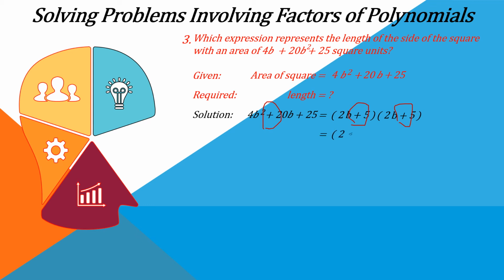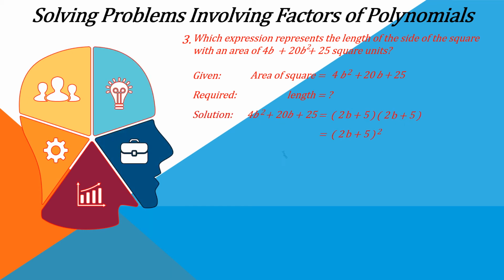And the length is simply equal to 2b plus 5. If we are going to find the area of that square, it is simply 2b plus 5 squared. The length L is equal to 2b plus 5.